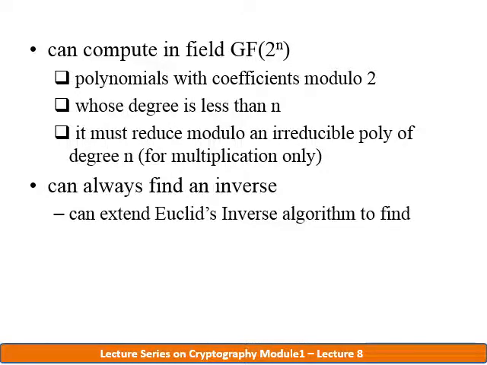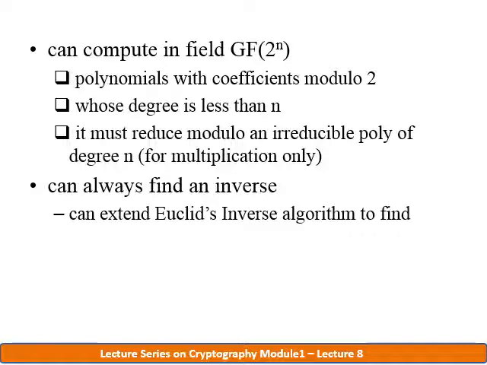And the Galois field of 2 to the power n must reduce modulo an irreducible polynomial of degree n. Such an irreducible polynomial is used for multiplications only, to simplify them. Whenever we do a multiplication, we take the modulo of the irreducible polynomial to reduce it.